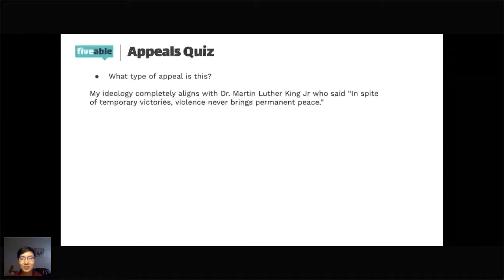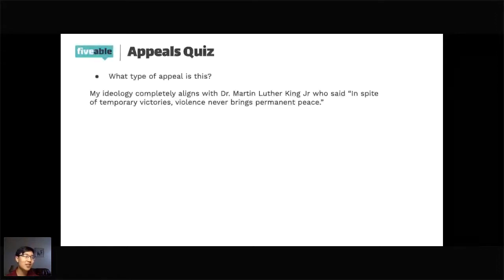I'll give you about 30 seconds. Maybe like 15. Yep, you're right. It is ethos. The reason it's ethos is because of the keywords completely aligns.